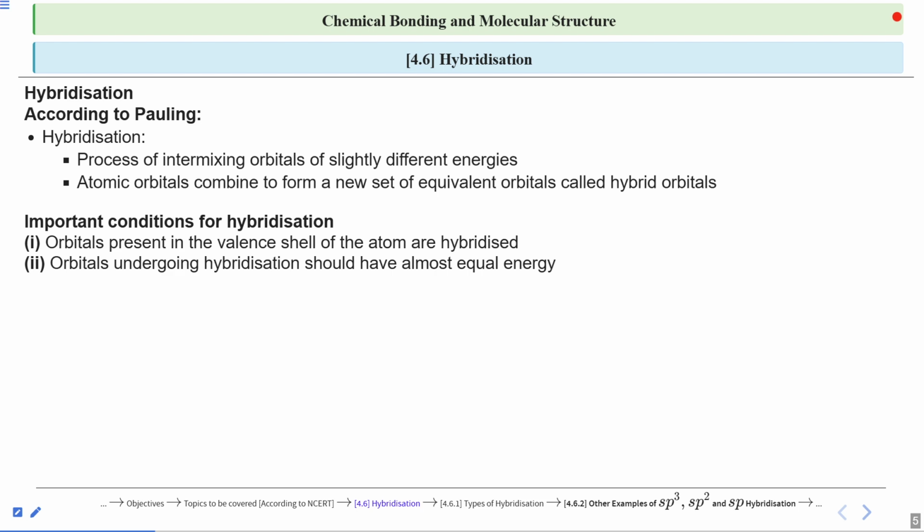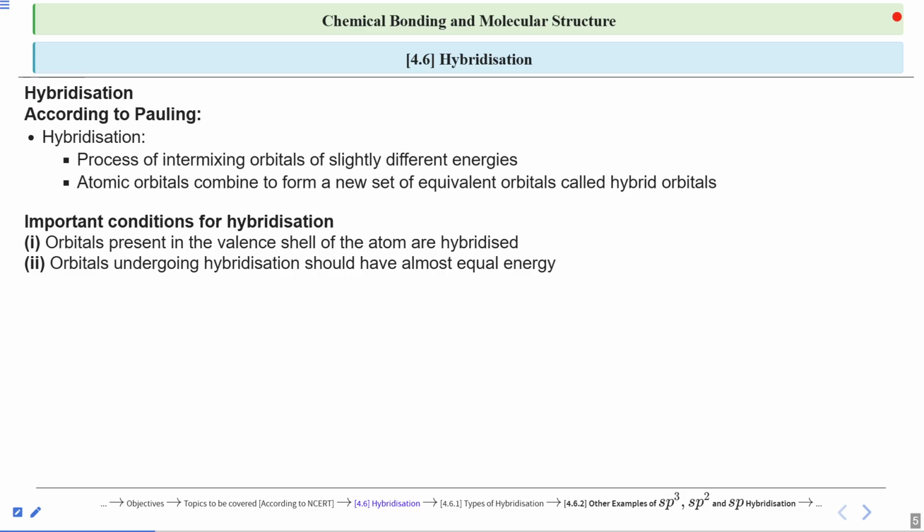Next important point: if you are combining orbitals of the valence shell, then their energies should also be comparable. You can't take two orbitals which are in very different energy states. Suppose you can't take a 2s and try to combine it with a 4f. That is not good.